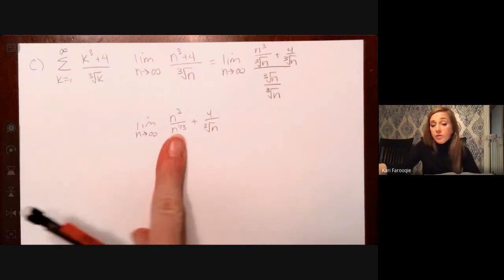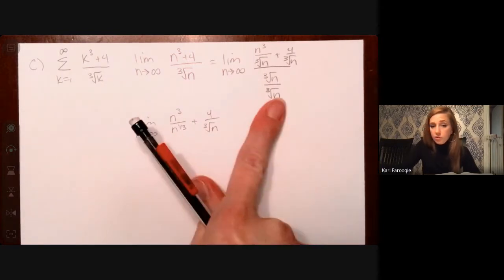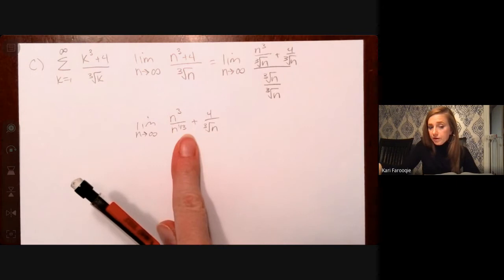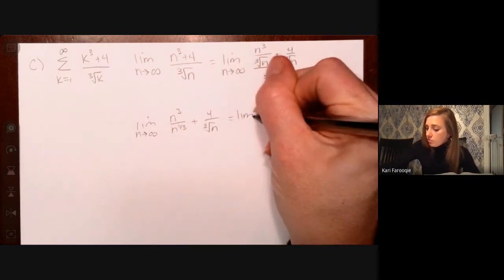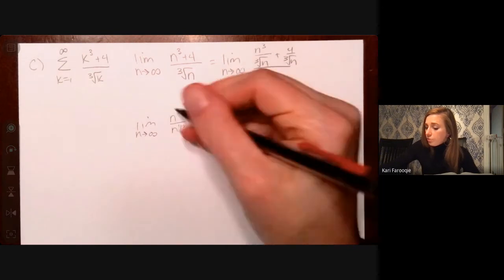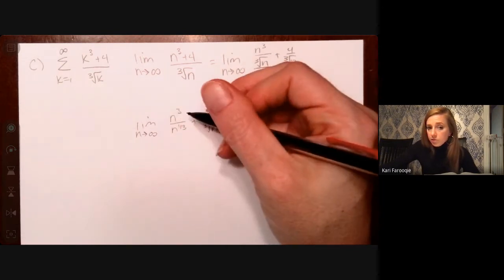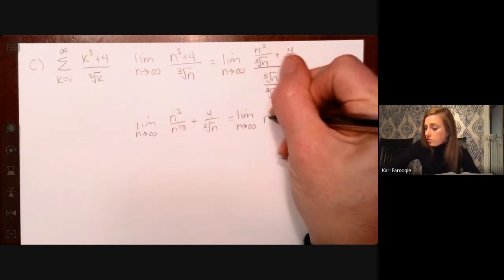And then you just need to simplify this term. The denominator is 1. You don't have to rewrite it here. Remember, if you are dividing and you have the same base, you subtract the exponents. 3 minus 1/3, well, 9/3 minus 1/3 is 8/3.